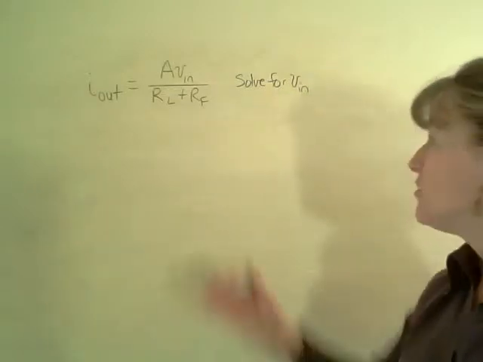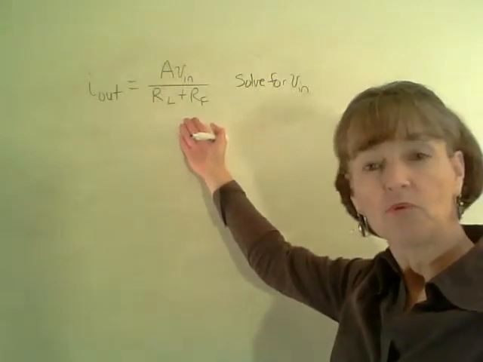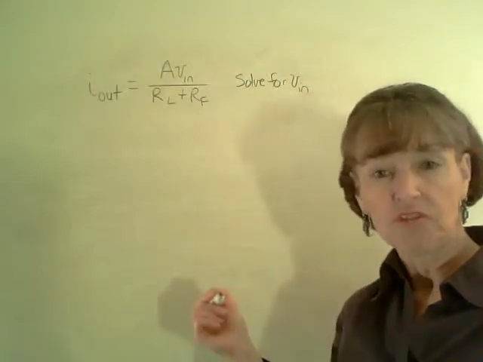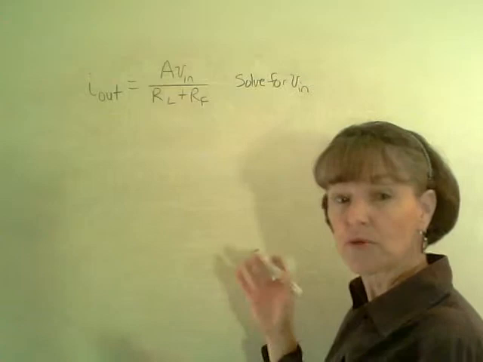Well, this formula has a rational expression, and most of the time when we are working with an equation that has denominators, we choose to get rid of the denominators. So that's what I'm going to do here. I'm going to get rid of the denominators by multiplying both sides by the denominator.